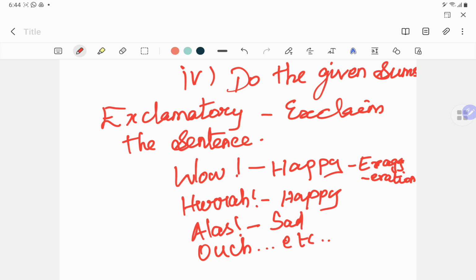When you are losing your flower, which is kept in your head, if you lose that flower, there you can use alas, I lost my flower, alas, I lost my pen. ஒரு விஷயத்தை நீங்கள் தொலைச்சிட்டு ஃபீல் பண்ணுறீங்க அப்படின்னா there also you can use alas. Alas, he died, ஒருத்தர் ஒரு துக்க செய்தி கேட்குறப்ப, இரங்கல் செய்திகள் கேட்குறப்ப there you can use alas, ஓகேவா. So if it is a sad sentence, there you can use alas, okay.